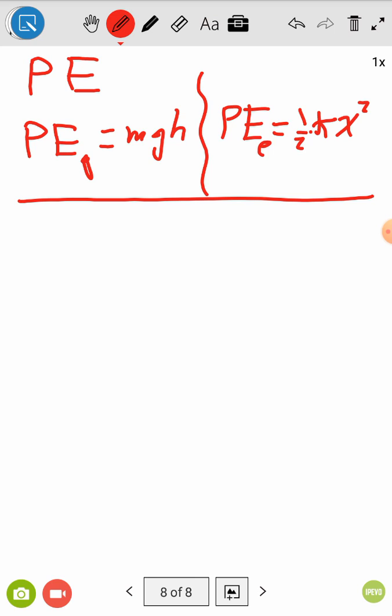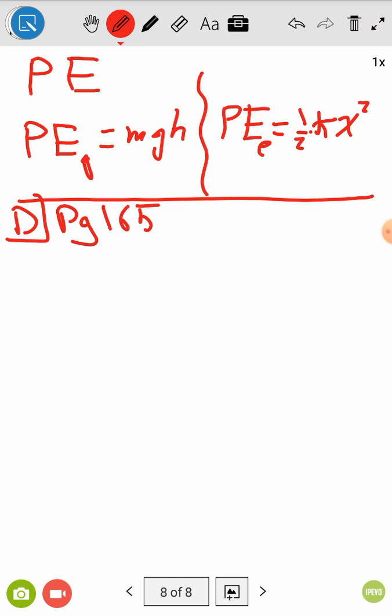Look at sample problem D, page 165. In this question, there are two kinds of potential energy: elastic potential energy and gravitational potential energy.